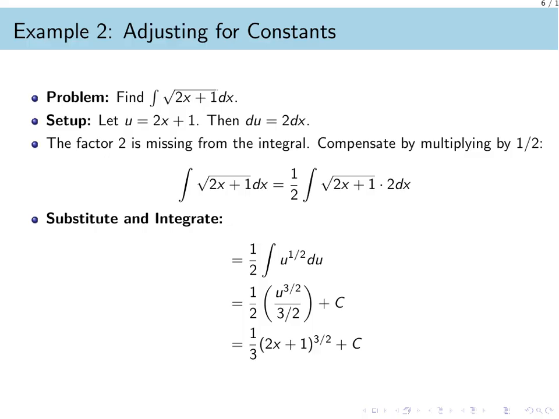We solve this by multiplying the integral by 1/2 and the integrand by 2, effectively multiplying by 1. This allows us to substitute du for 2 dx while keeping the equation balanced. We then integrate u to the 1/2 power to get u to the 3/2 over 3/2. The final step is to substitute back to get the answer in terms of x.